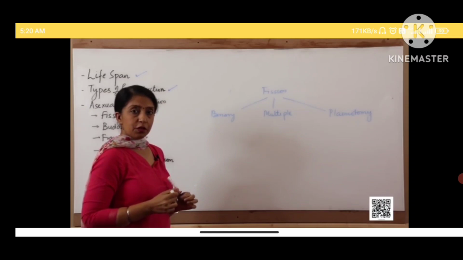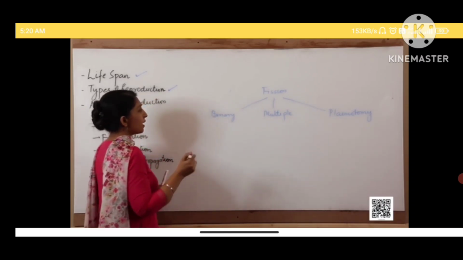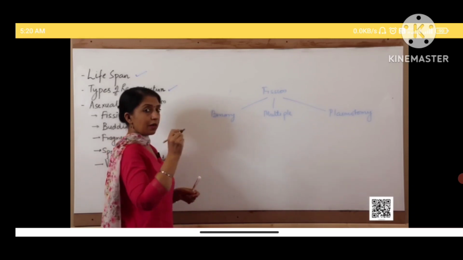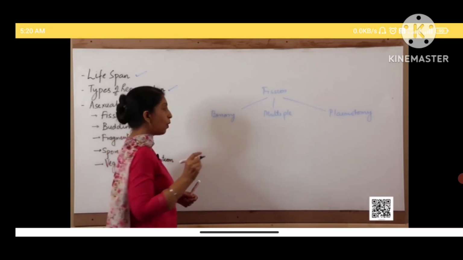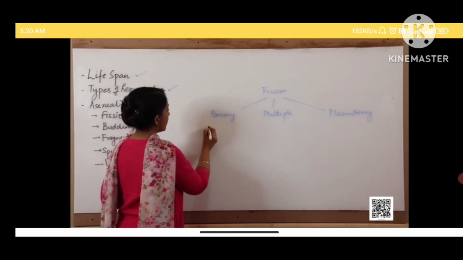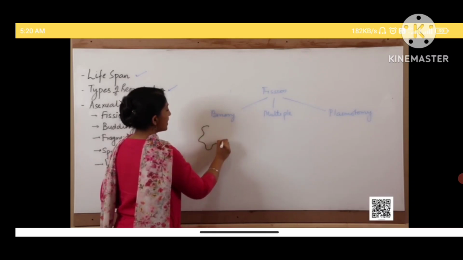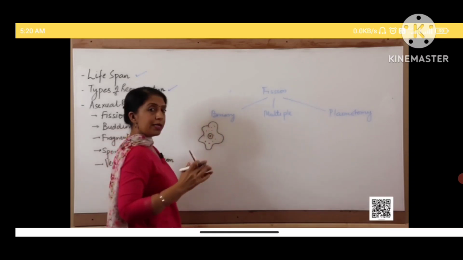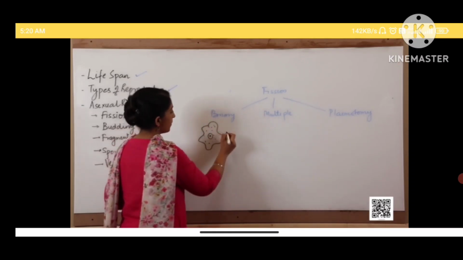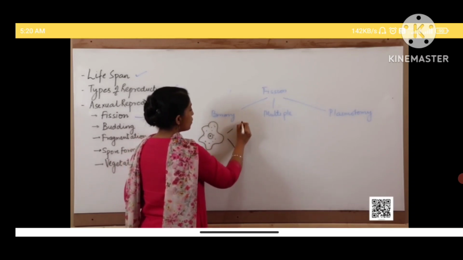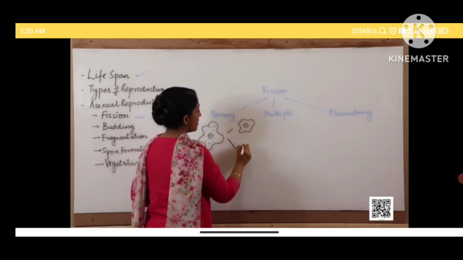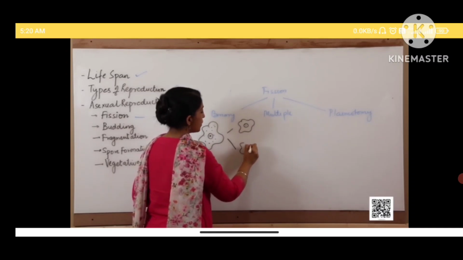Binary fission is a kind of asexual reproduction in which, as we started off, only one parent is involved. In organisms such as amoeba, when their size increases, they divide to give rise to two daughter cells by simple cell division.